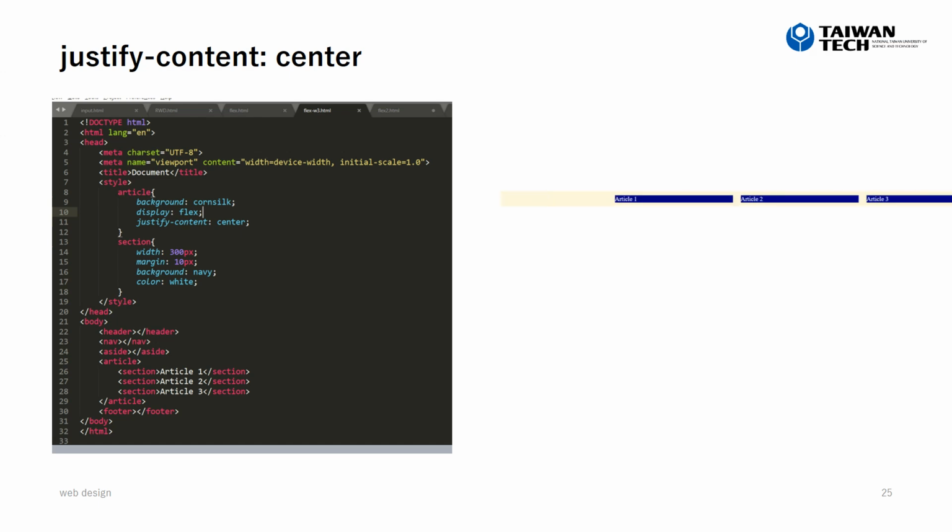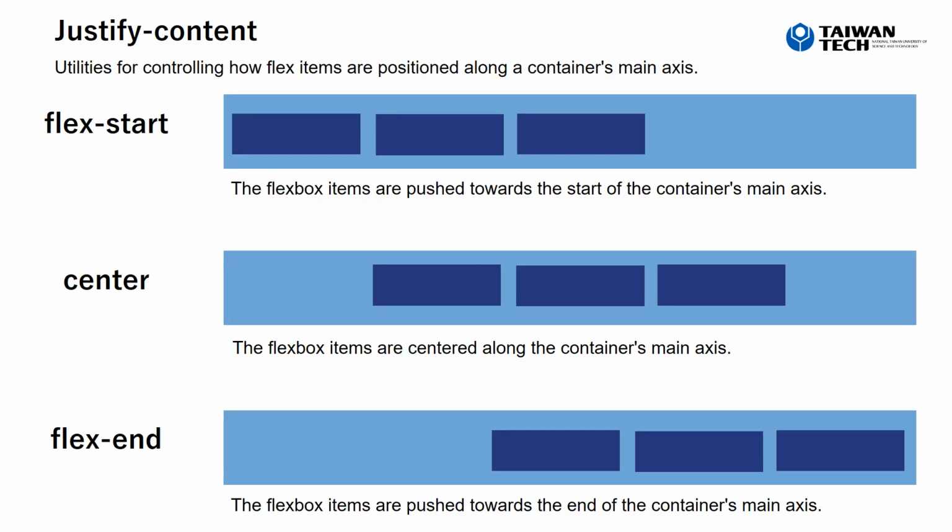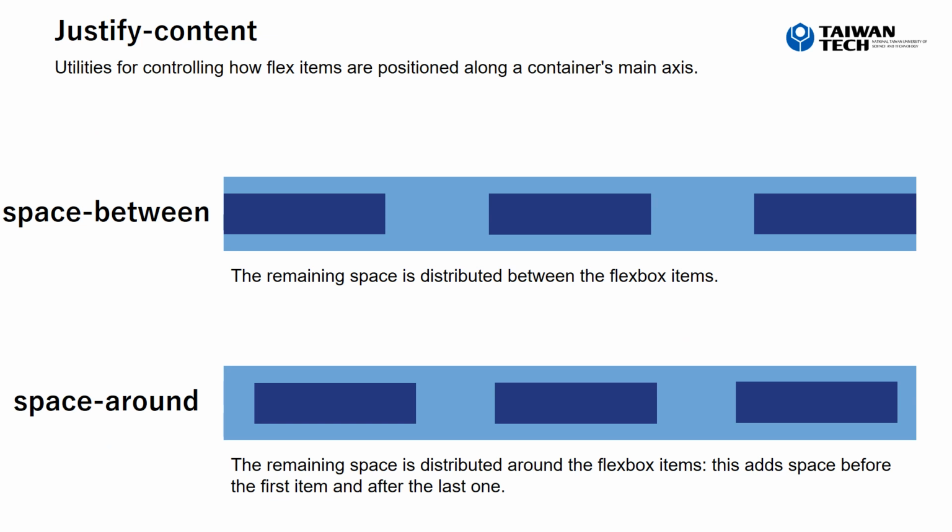And actually, justify-content is not only center. The initial status is flex-start. Okay, the start is just from left to right. So flex-start will be on the left hand side. And if today we want it on the right hand side, this is flex-end. Okay, so flex-start, center, flex-end, space-between and space-around, and you can choose anything you want.